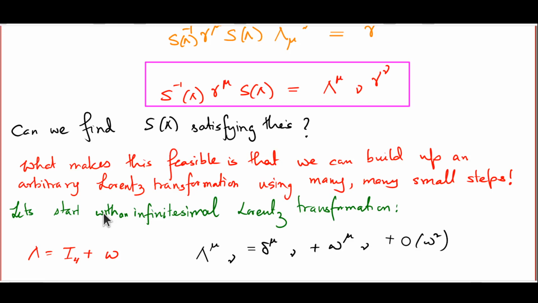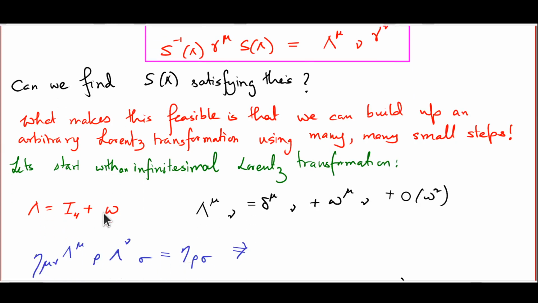However, we will soon see that that is not the case, because any arbitrary 4x4 matrix cannot qualify as a Lorentz transformation matrix. A Lorentz transformation matrix must obey eta mu nu, lambda mu rho, lambda nu sigma is equal to eta rho sigma.